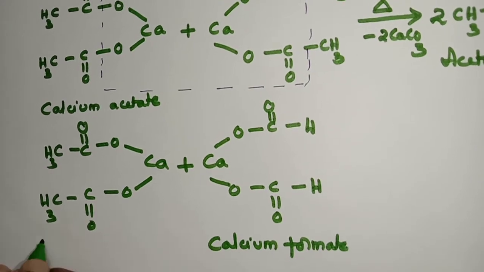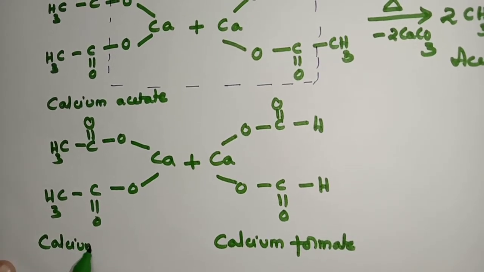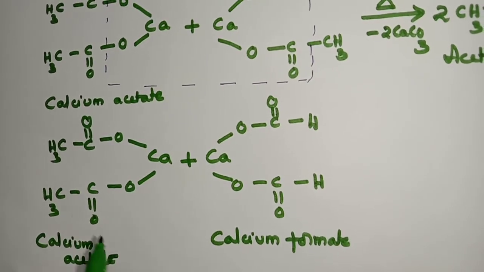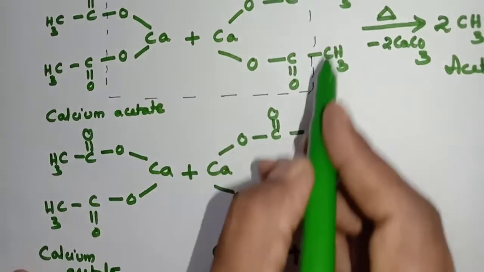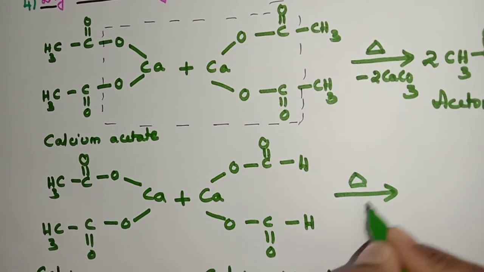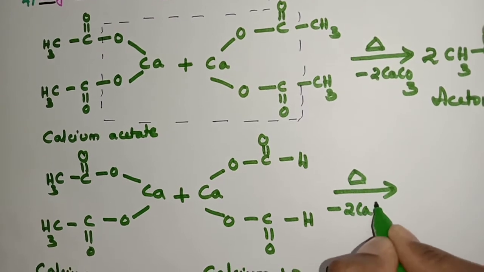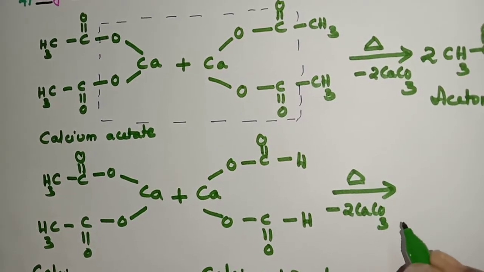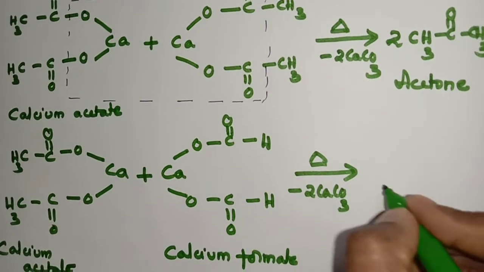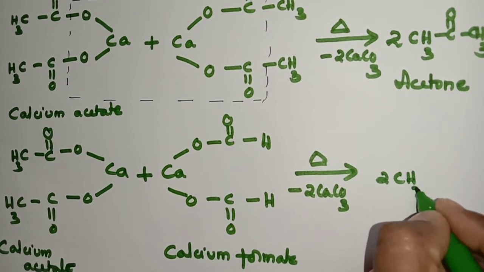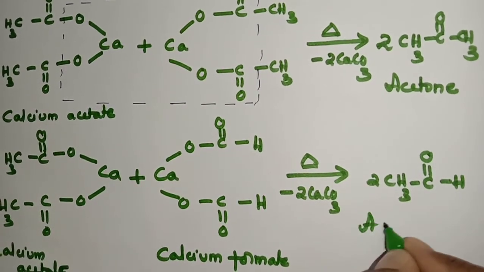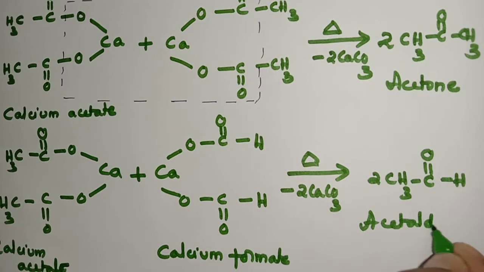So this is calcium acetate and this is calcium formate. The bonds break same as shown in the above reaction. On heating, two molecules of calcium carbonate come out and we get CH3 C double bond OH, that is two molecules of acetaldehyde. I am writing the name here, acetaldehyde.